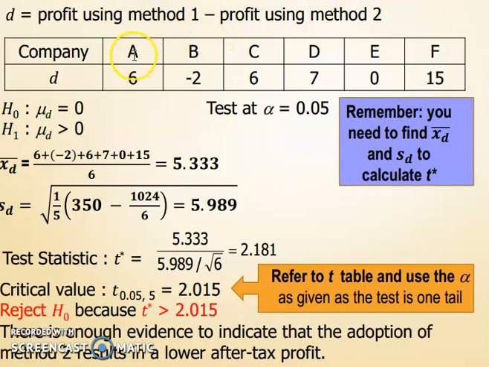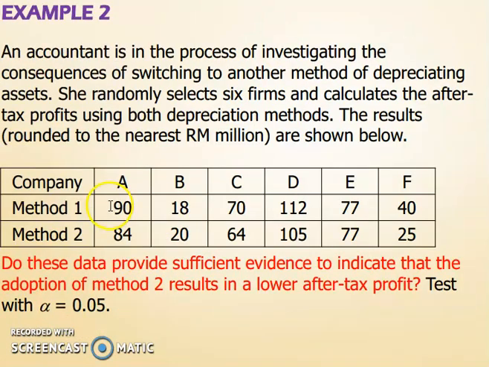We have the result for method 1 and method 2, so we need to subtract method 1 minus method 2 for each of the 6 firms. Looking back at the question, for company A, method 1 is 90 and method 2 is 84. So we need to subtract 90 minus 84, 18 minus 20, and so on until 40 minus 25, because we are saying that method 2 is lower than method 1.